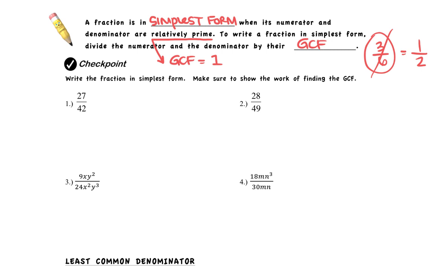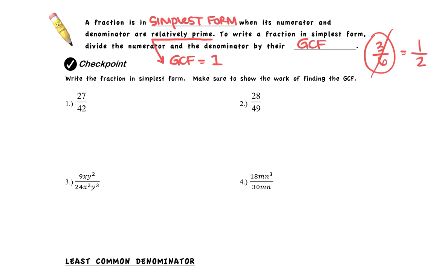And so this trick that I'm about to teach you and this connection we're about to make is going to be really, really helpful. Because what we can do is find the numbers' GCF, which we've gotten really good at doing, and then if we divide out or cancel out the GCF, what we're left with is the fraction in simplest form. Let me show you what I mean, and I do want you to do it this way on these as we're getting used to this new method.